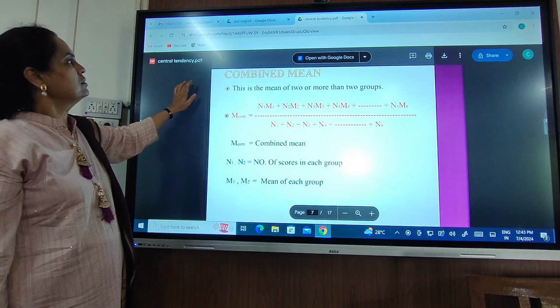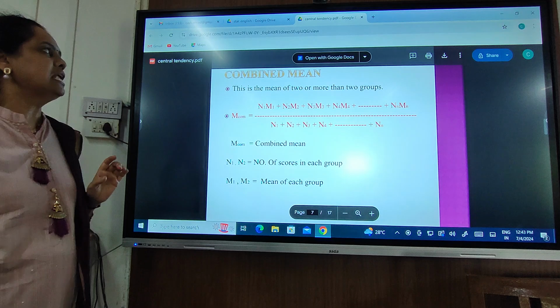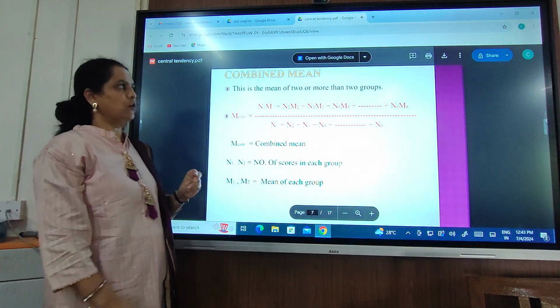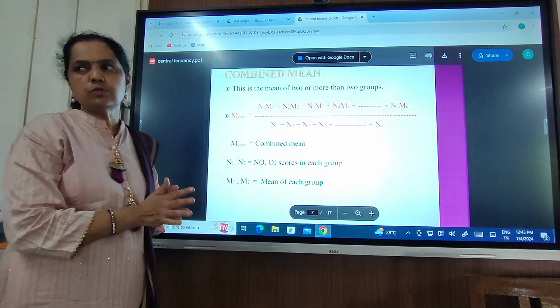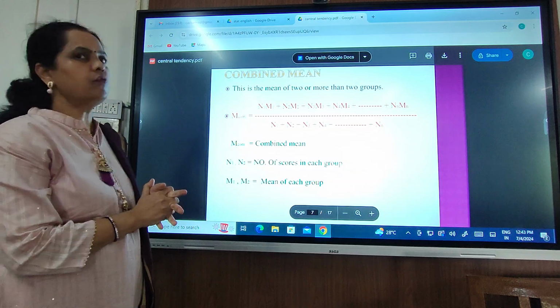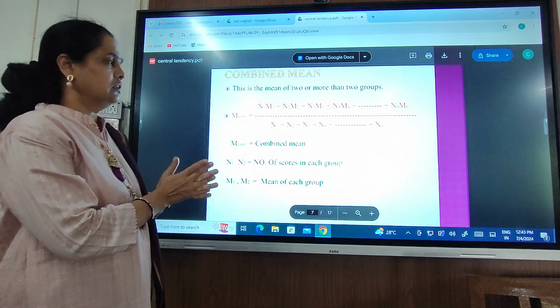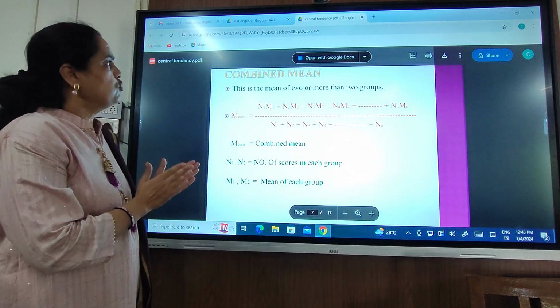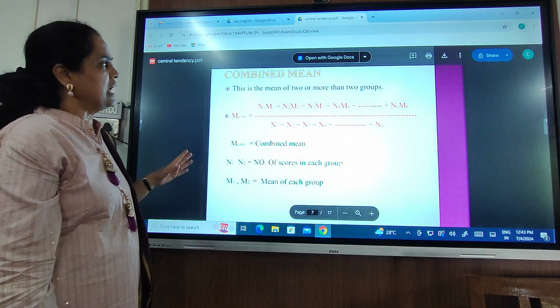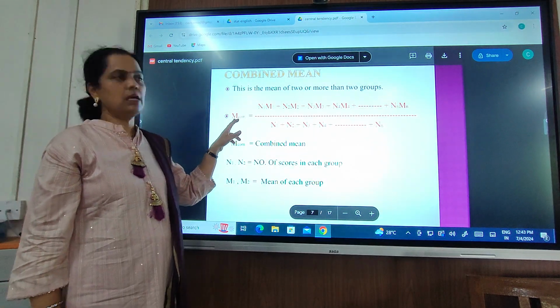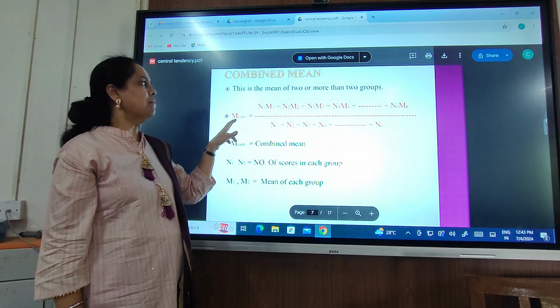First, let us see about the combined mean. If we have more than 2 groups and we have to find out the mean for these groups, we have to find out the combined mean, and that is denoted as M-com, that is the combined mean.